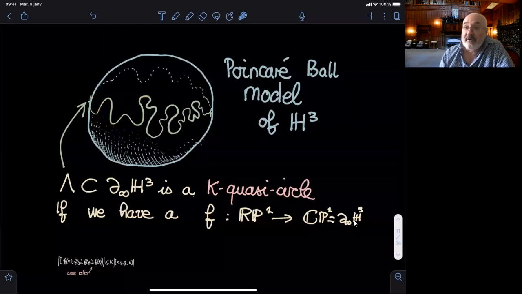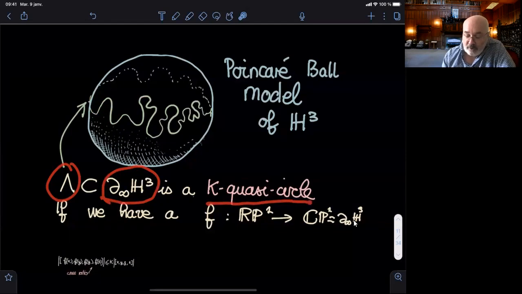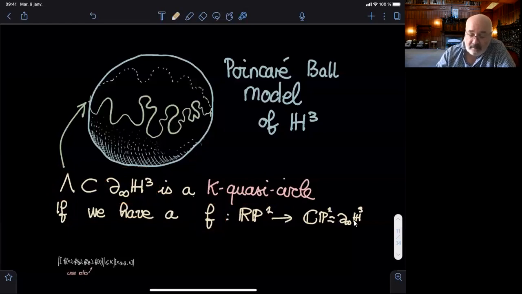So let's give a general definition because we're going to need that in a few minutes, which is to say that a loop in the boundary at infinity of H3 is a K quasi-circle if you can have a parametrization of it by the real projective space, and this parametrization satisfies some nice property.